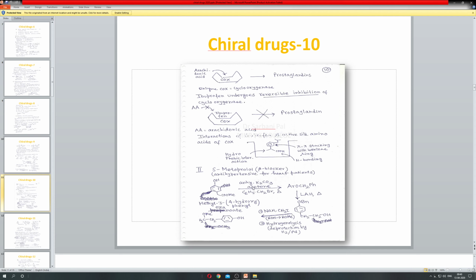Acetone is the solvent and benzyl bromide is acting as the alkylating agent, meaning the phenolic OH undergoes O-alkylation under this condition. So this compound gets converted into this molecule. Ar is the aromatic ring, O is this O, and in place of this hydrogen we have the benzyl group coming from benzyl bromide.